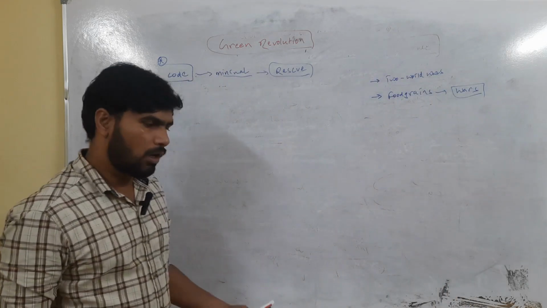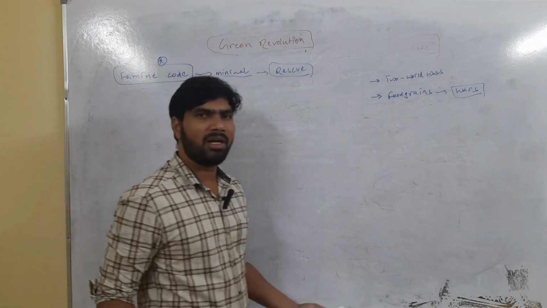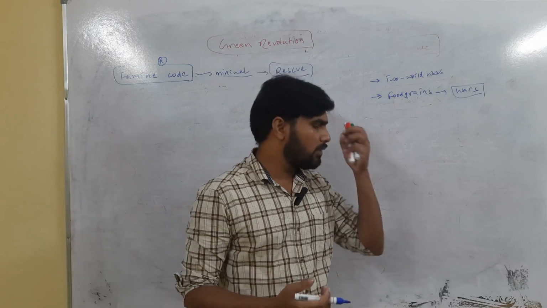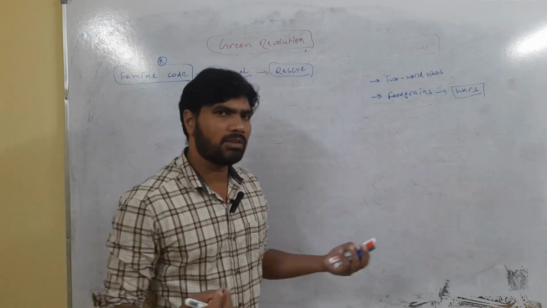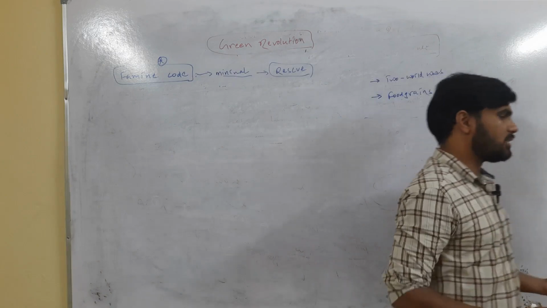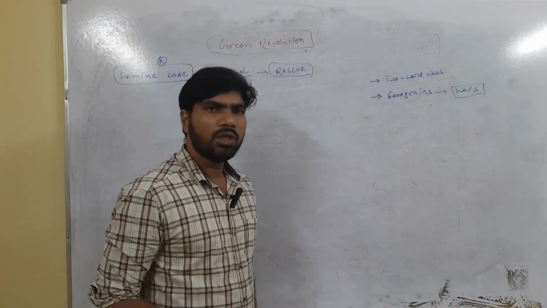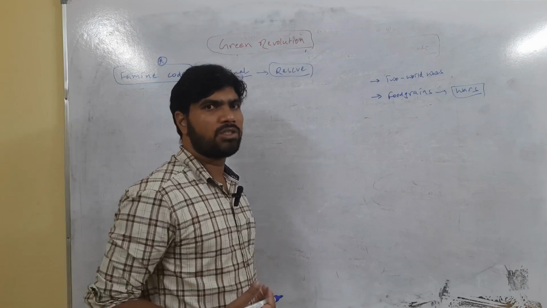Why war efforts? Because many soldiers had been recruited from the countries fighting the world wars, especially Britain, France, Russia, the allied countries. Britain was ruling us, so Britain needed food grains to feed its soldiers.